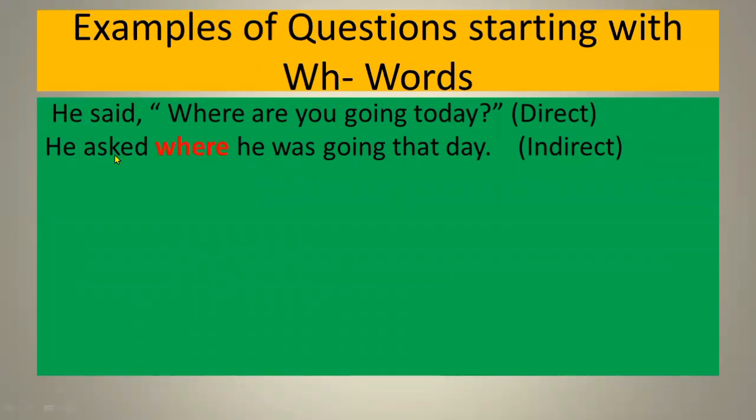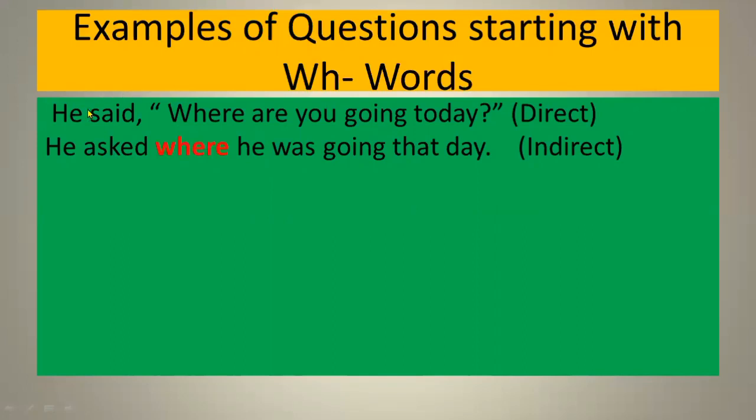Now, what is the difference between simple yes-no questions and WH word questions? In simple yes-no questions, we used if or whether as conjunction. But here in WH word questions, we will use the same WH word as a conjunction. Again, the rest of the changes will be made according to the same pattern.